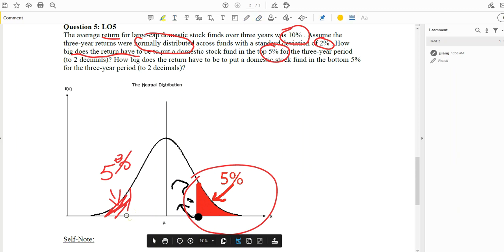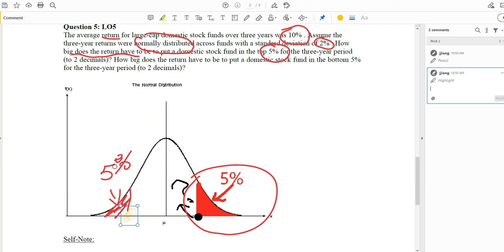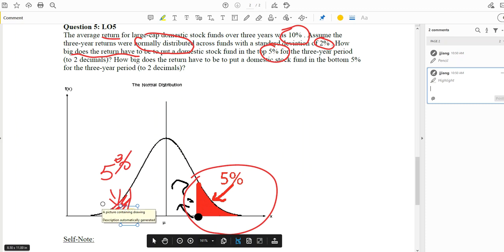For this question, we understand that this 5% area is on the lower tail of the normal distribution. So this 5% does not need to be converted to 1 minus 5%, because the 5% here is already talking about the lower area. We don't need to convert it.